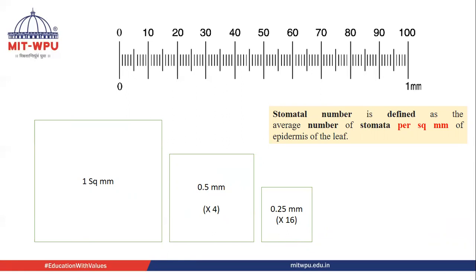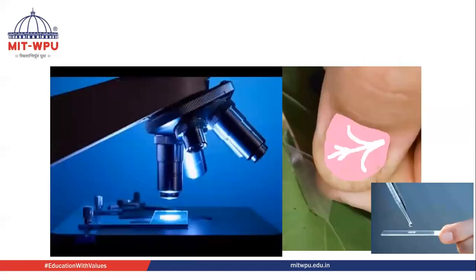So if you are able to see 1 square mm completely, then draw the full. So how to do it? We have to peel out the epidermis from the leaf. If it is fresh, we can easily peel it out. You can see this white color coming there, the peeled epidermis is coming, and we have to take it on a slide and put glycerin so it will not dry, and then observe, keep it on the stage.